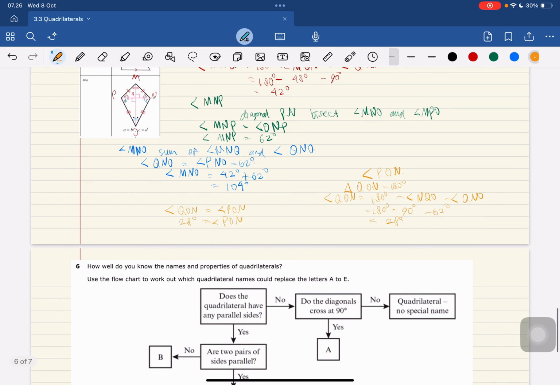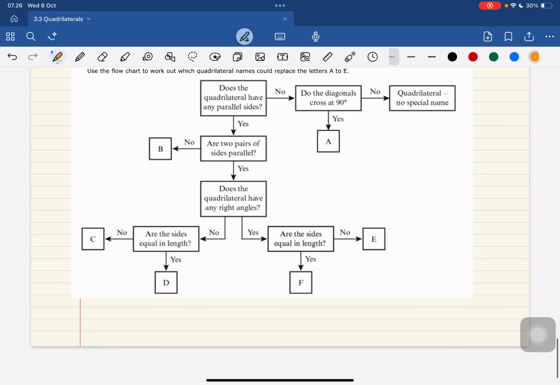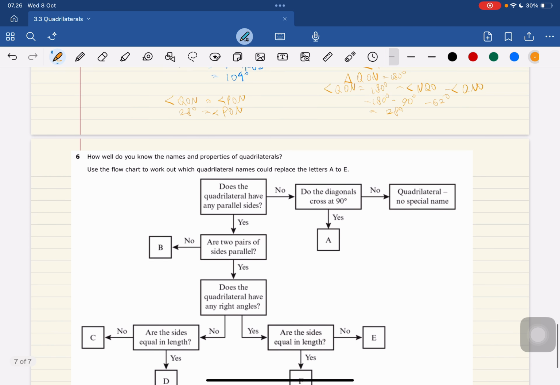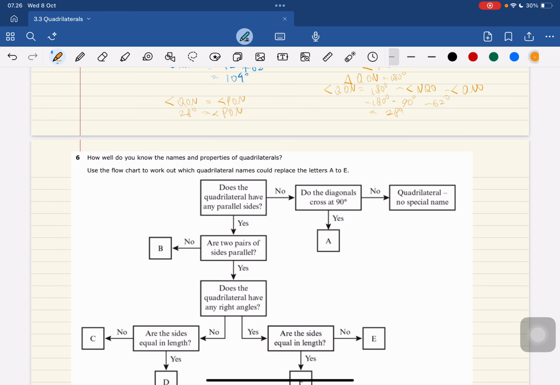Now let's move to the next one: how well do you know the names and properties of the quadrilaterals? Does the quadrilateral have any parallel sides? All of them have parallel sides except for only one, which is the kite. So A is equal to kite.